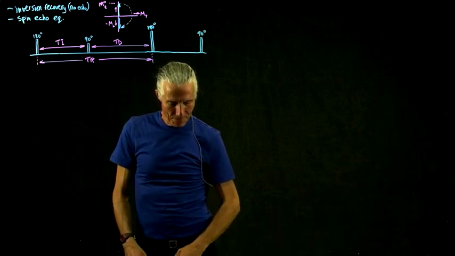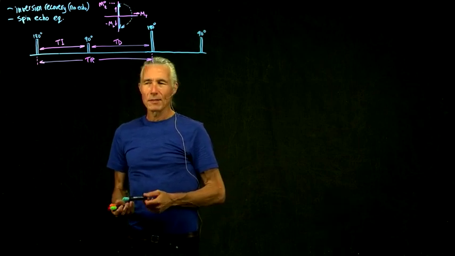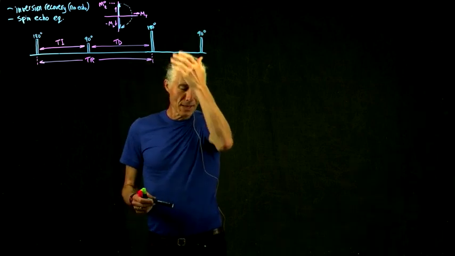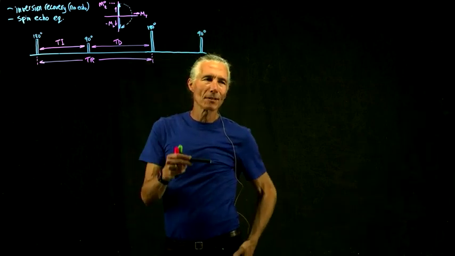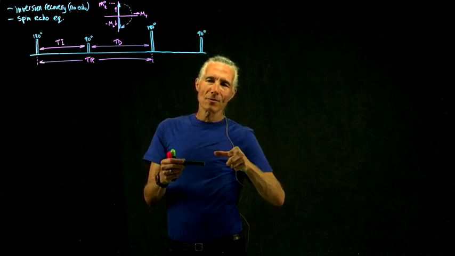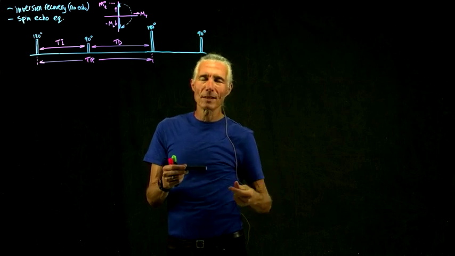Now we want to look at just the longitudinal magnetization, because a lot of what we're doing is manipulating the longitudinal magnetization, doing various things to it, and then doing a 90-degree pulse to make something we can record.